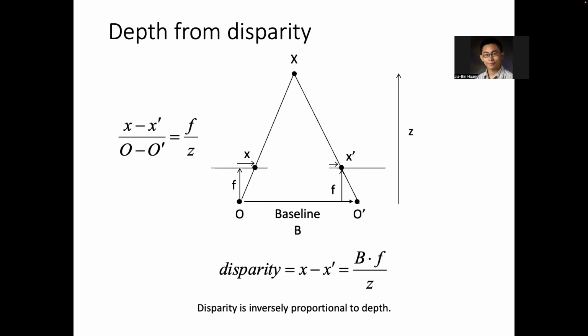So where does the fundamental matrix come from? Why is it useful here? It's useful because when I try to compute depth from two images, those two images may not be parallel to start with. This is a simple parallel case, right?